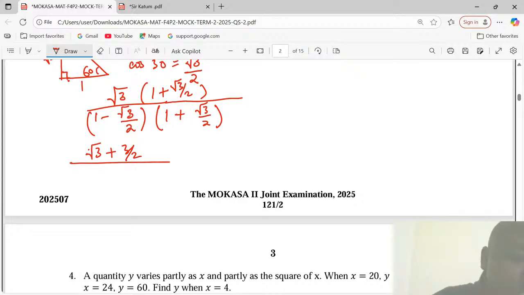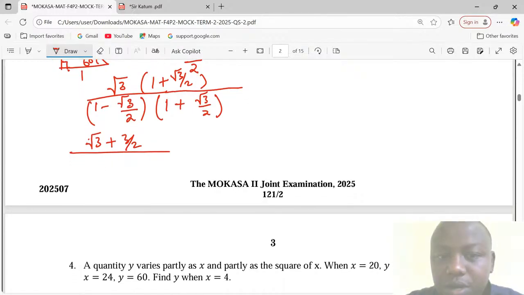This one now shall be divided by, at the denominator, what we call rationalization. To rationalize, we need to square the whole part. The first part, 1 squared, then the second part is also supposed to be squared, the root of 3 over 2. When we square that, we get root 9, which is 3 over 4.